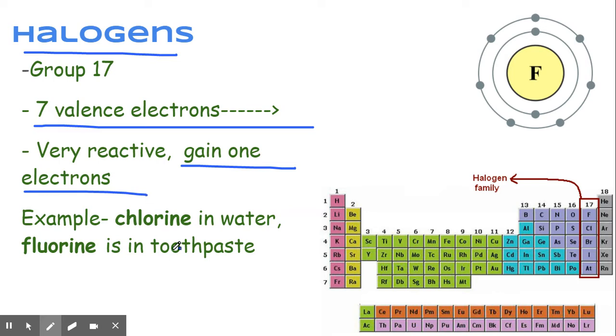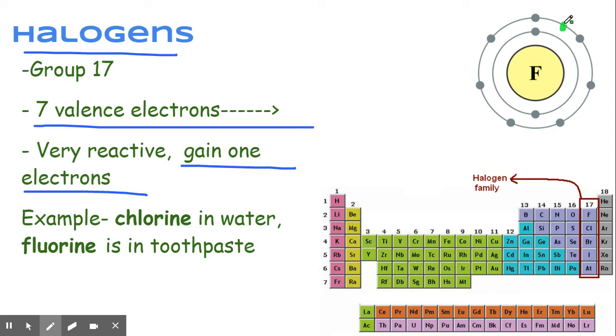Okay, so let's think about why that is. If I look at fluorine here, fluorine has 1, 2, 3, 4, 5, 6, 7 valence electrons. Well, there's 2 ways it can become stable. It can lose all those 7 electrons and therefore become stable. Or it can gain 1 electron.